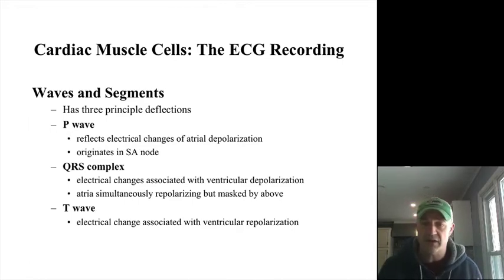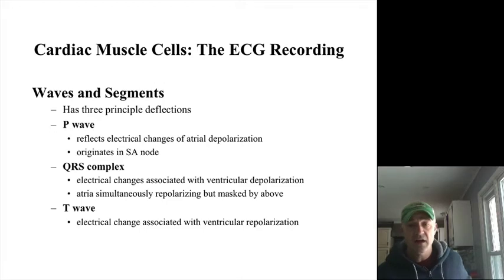This is a much bigger one. The atria are repolarizing during this, so we don't see a wave for that. But this QRS complex is the depolarization of the ventricles. It's the largest event you see on the EKG. And then finally you have a T wave at the end, which is showing the electrical repolarization of the ventricles.